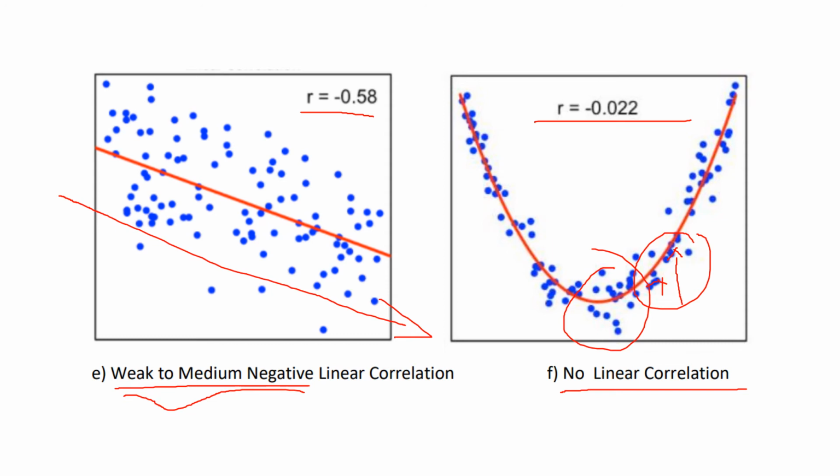So at some point there are lapses here, so there is no pattern in a way that if your x increases, your y automatically increases, and if your x decreases, your y automatically decreases.